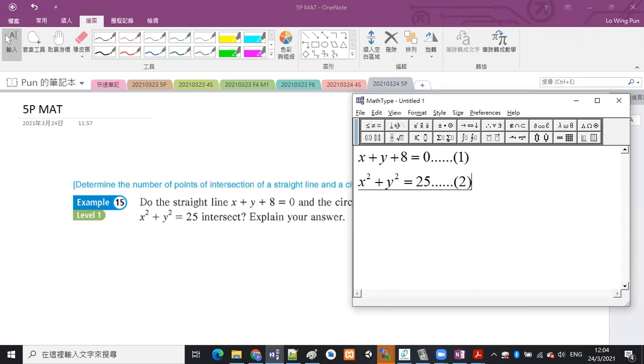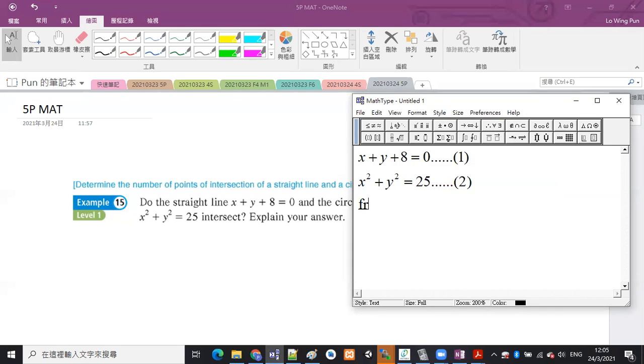Can you see that one equation has square terms, and the other equation does not have square terms? We always start with the equation with no square term. That is equation 1. So we are going to change the subject to either x or y from equation 1.